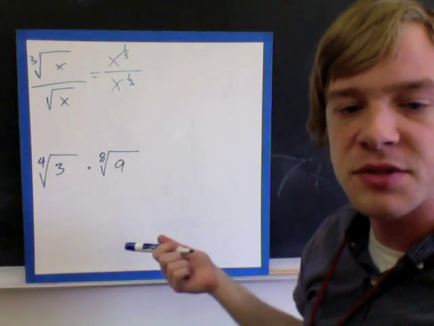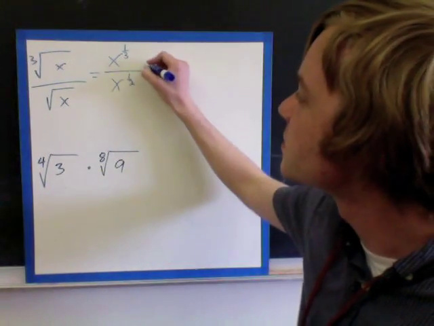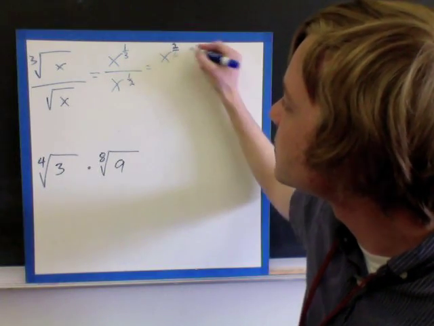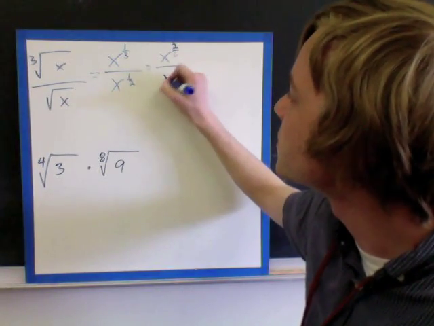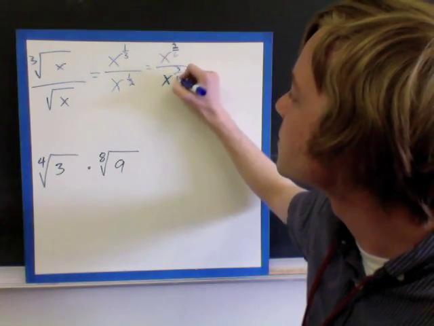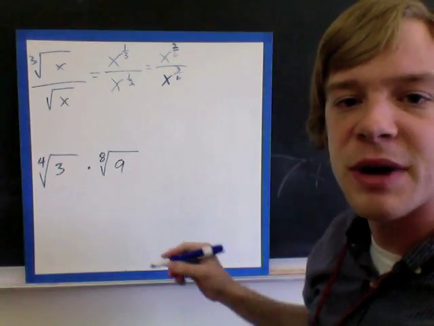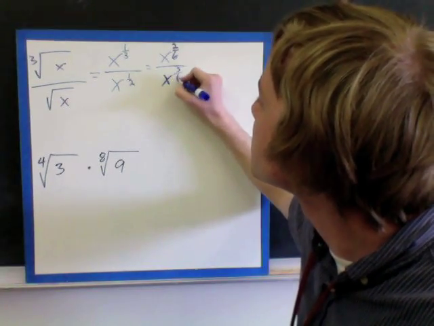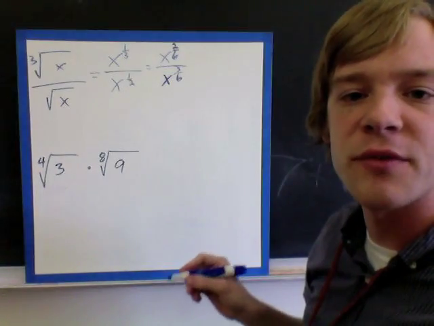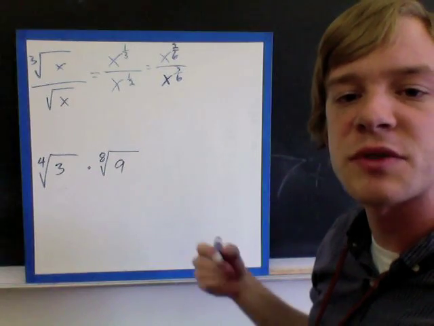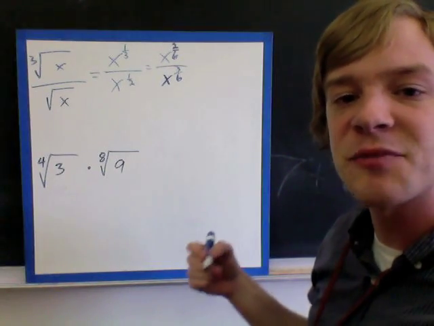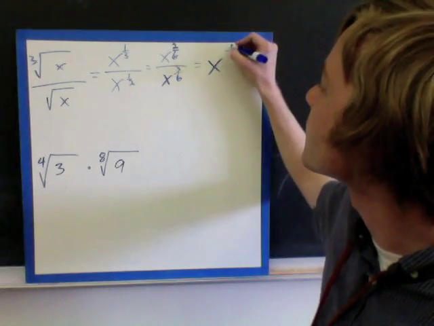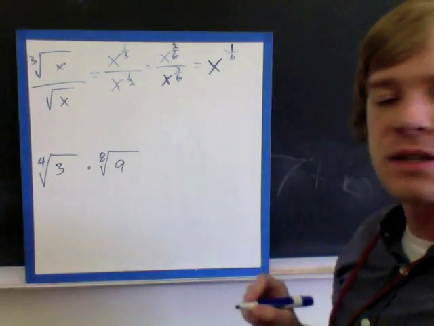I want to convert these so I have a common denominator. So that would be x to the power of 2/6 and then x to the power of 3 over 6. If I subtract 2 over 6 minus 3 over 6, that's going to give me negative 1/6. x to the negative 1/6.